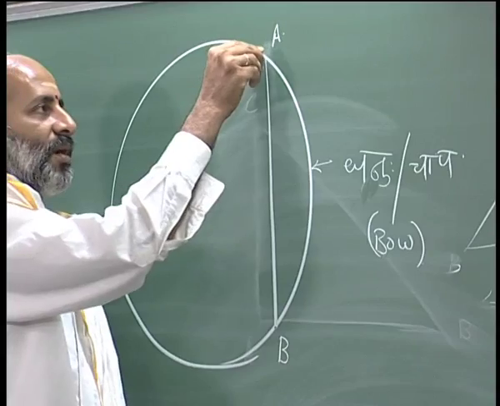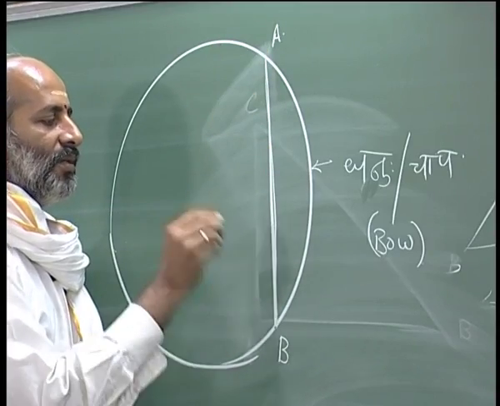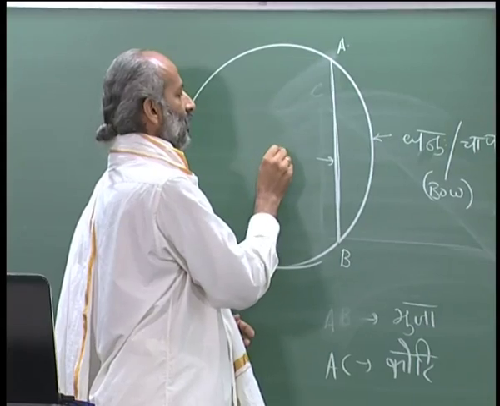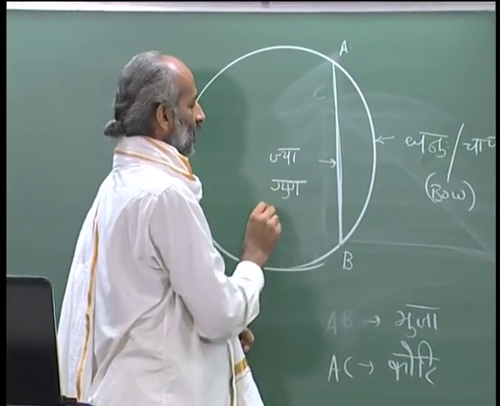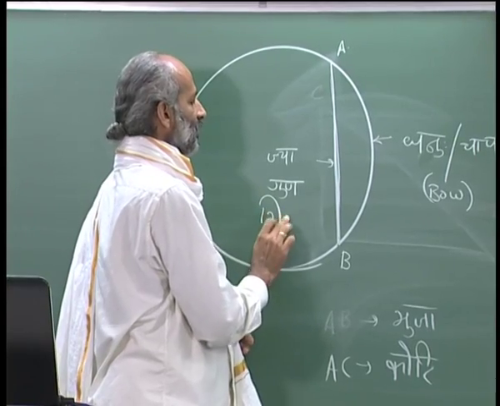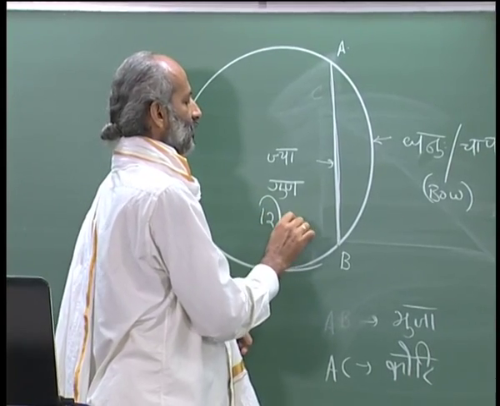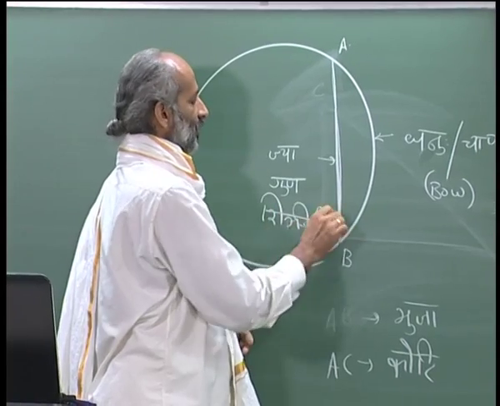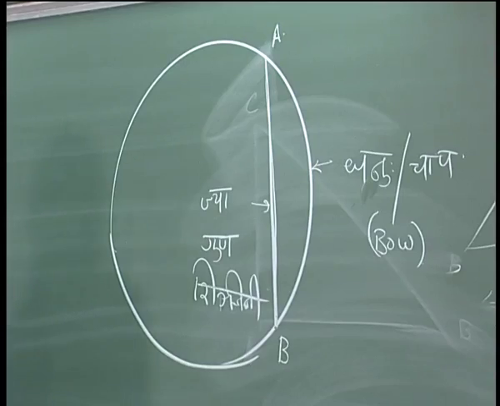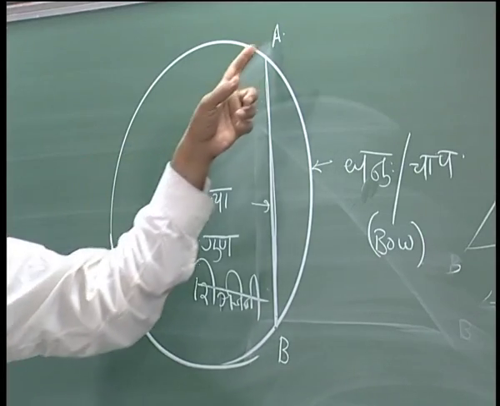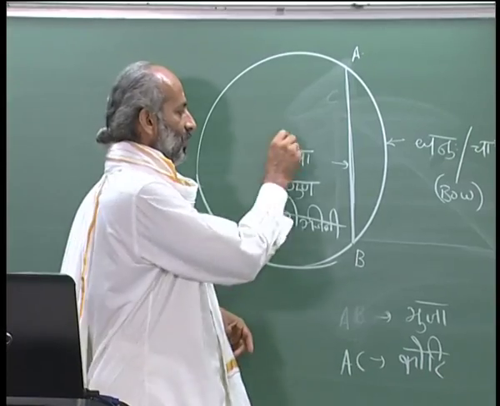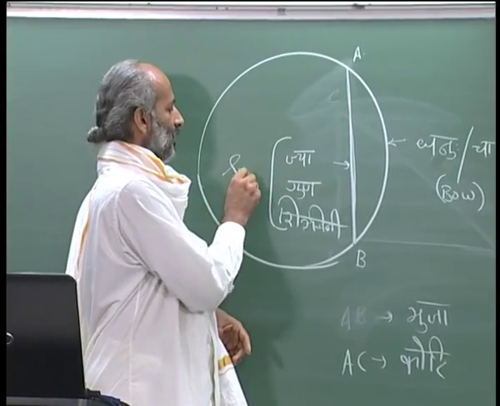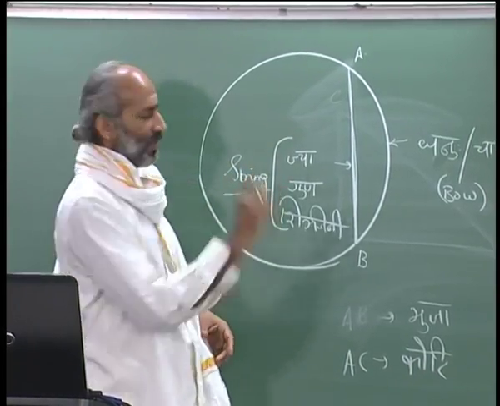This chord AB is referred to as jya or guna or shinjini. There are various terms which have been used. It is conceived as a bow and this is conceived as a string, and they all mean string.